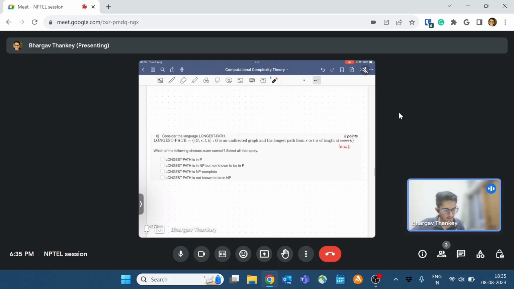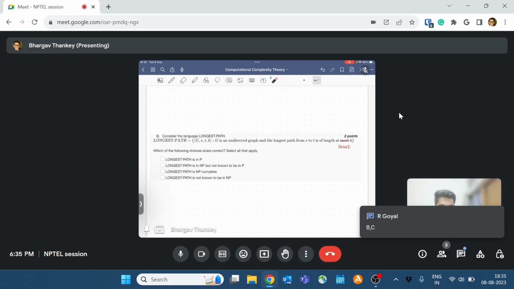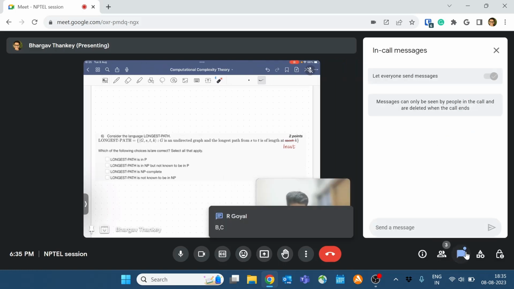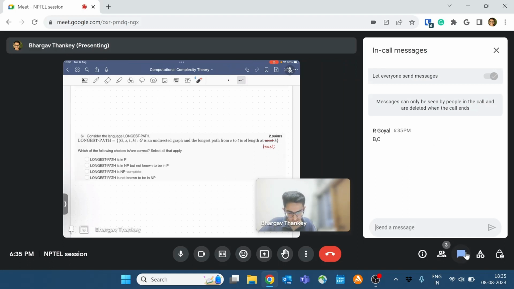So which of these are correct? I think the correct options are B and C. The longest path problem is in NP, and it's NP-complete as well.